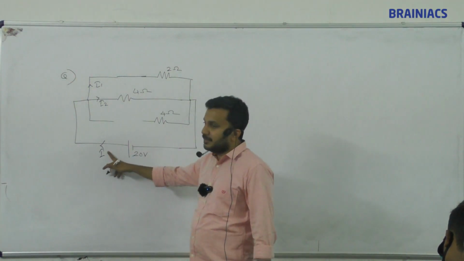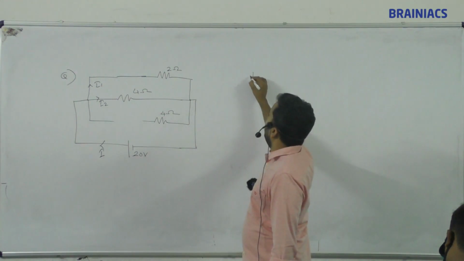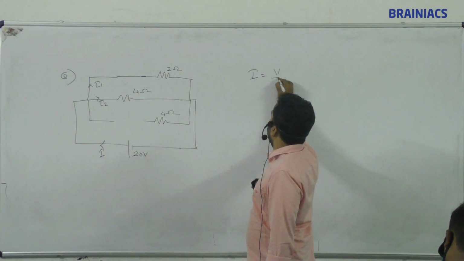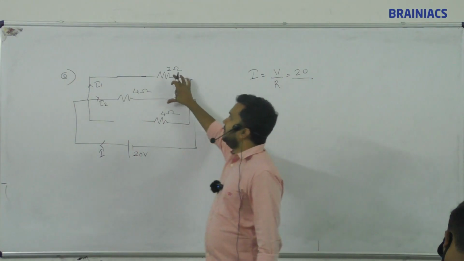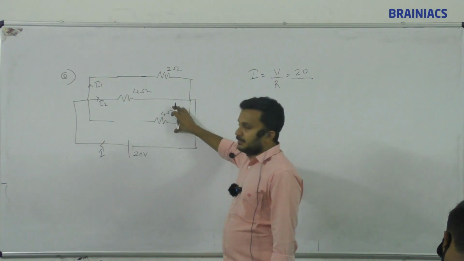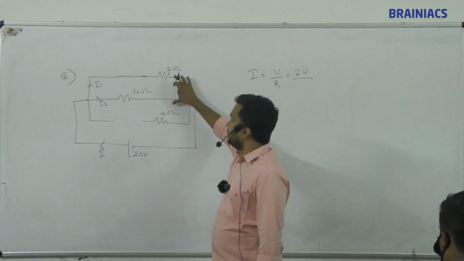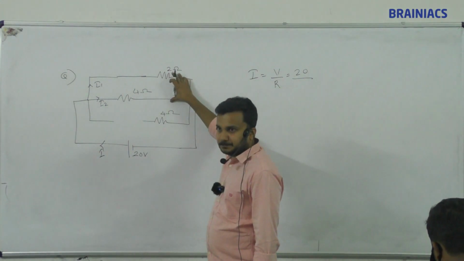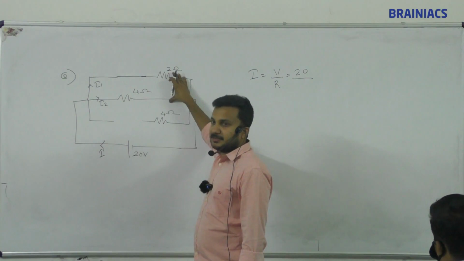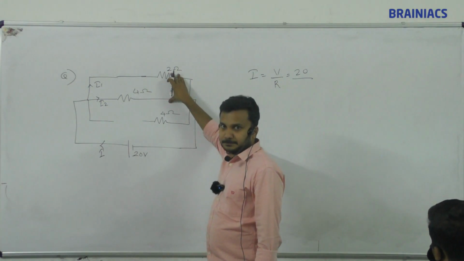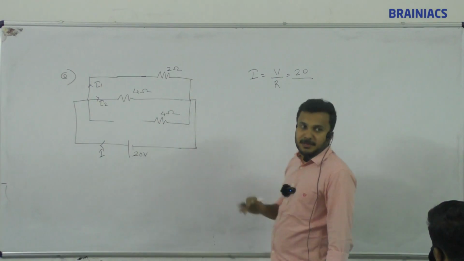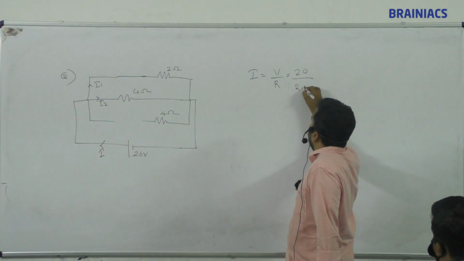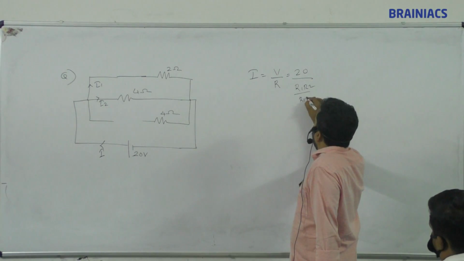Before that, first I will find I. I is equal to voltage divided by resistance. Voltage is 20 volt. Resistance: these two resistances, this one has no impact. These two resistances are in parallel connection. So how to find the effective resistance of a parallel connection? R1 R2 divided by R1 plus R2.